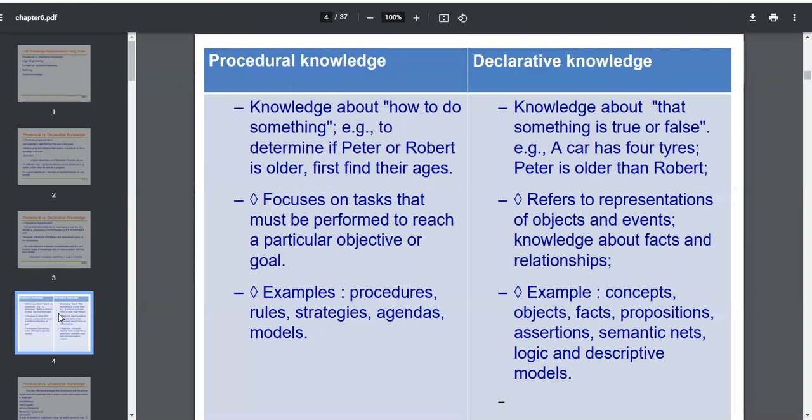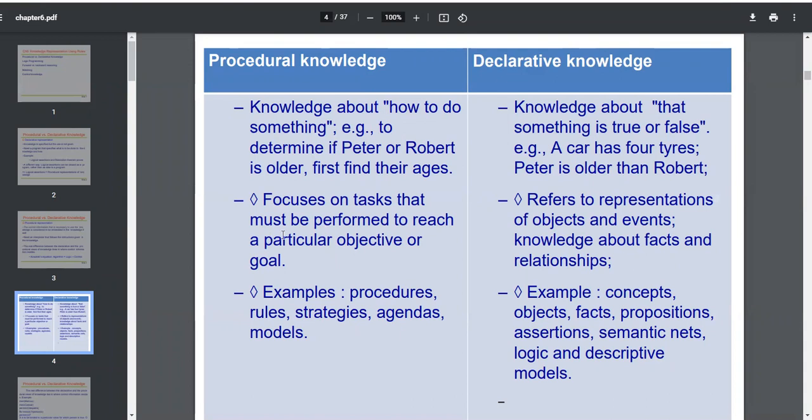If we compare, procedural knowledge is knowledge about how to do something, for example, to determine if Peter or Robert is older, first find their ages. While declarative knowledge is knowledge that something is true or false: a car has 4 tires, Peter is older than Robert. Here you are having only facts, while in procedural knowledge, you are processing the facts as well.